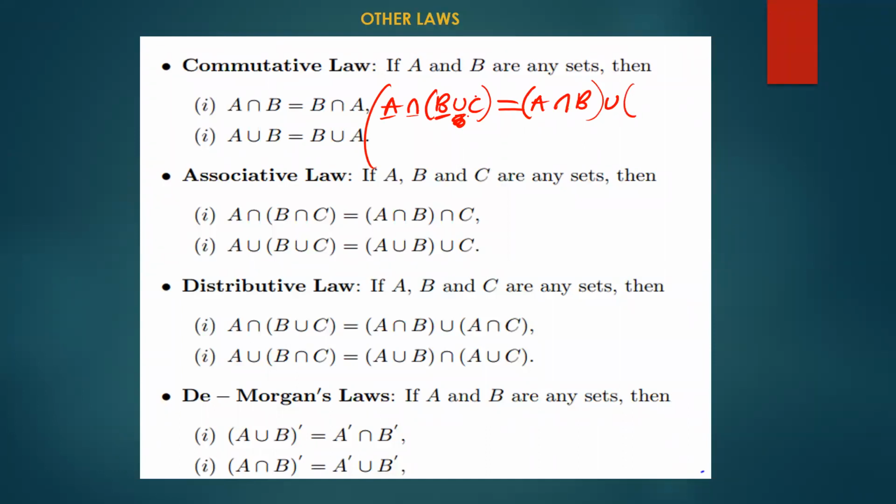Then you write another A intersection, this time around with C. So you say A intersection C.